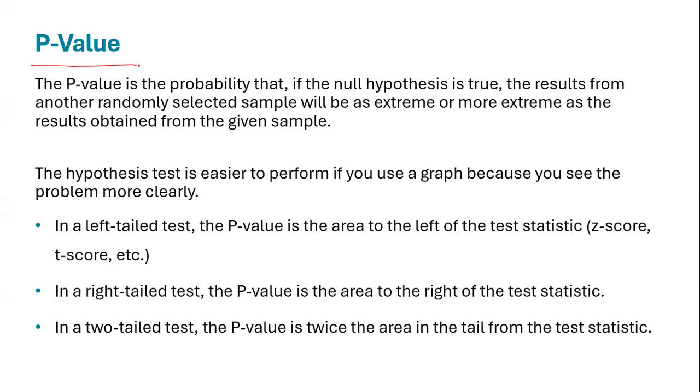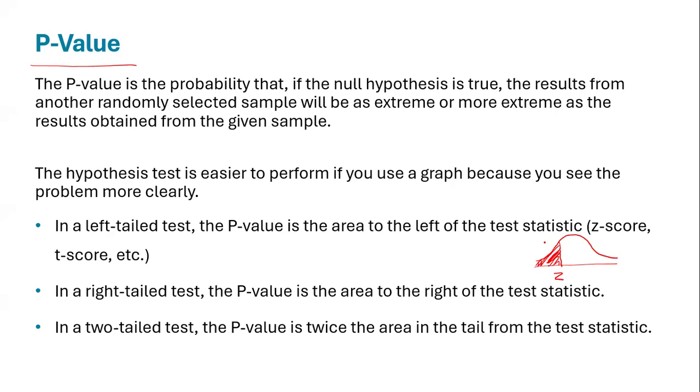We're going to find the p-value and compare the p-value with alpha. And the p-value is the area under the curve. After you find the z or t, since you have a normal distribution, after finding the test statistic, based on the claim, if it's less than or greater than or not equal to, you will find some part of the area under the curve.